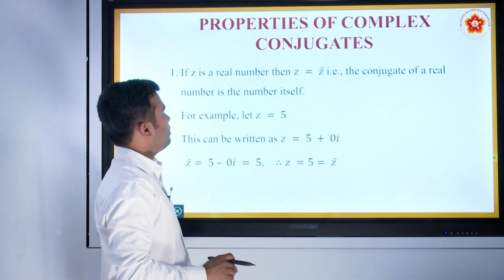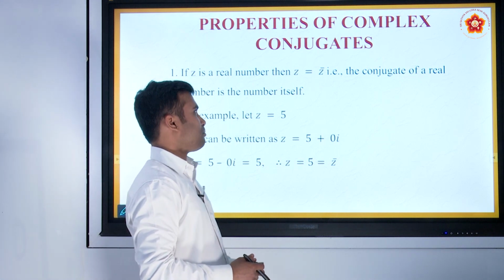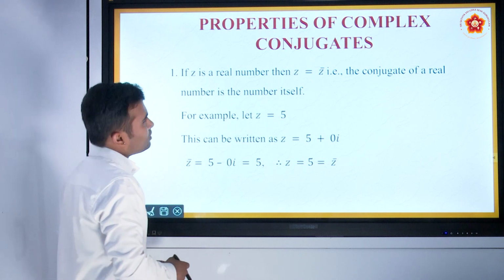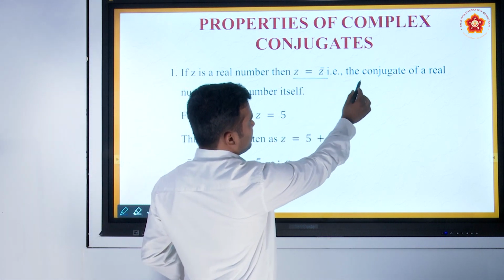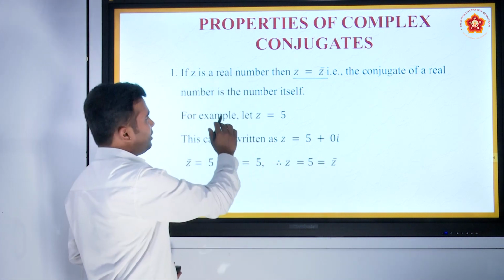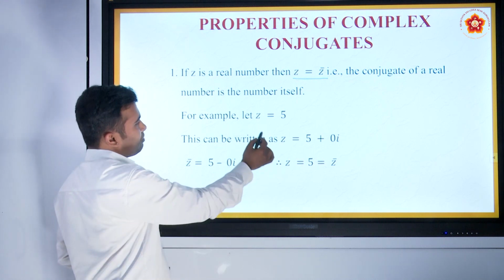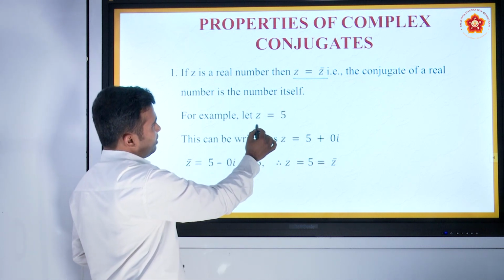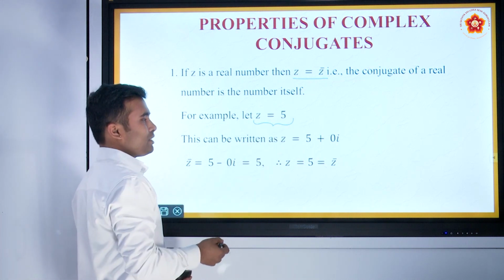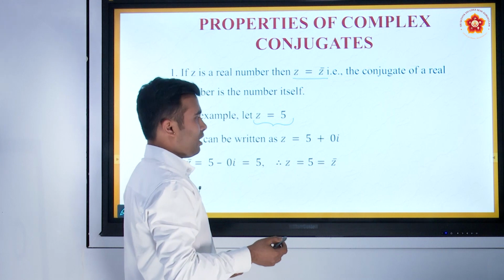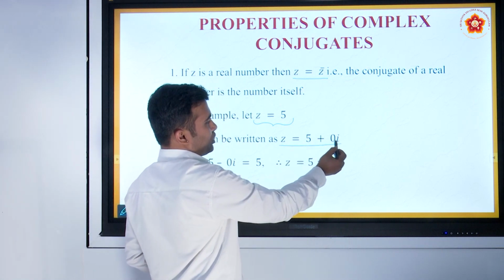Next we have some properties of the conjugate of a complex number. The first property is z is equal to z bar when z is real, that is, the conjugate of a real number is the number itself. Let us prove that. Here I have taken z is equal to 5, and that can be written in the form a plus bi as z is equal to 5 plus 0i.